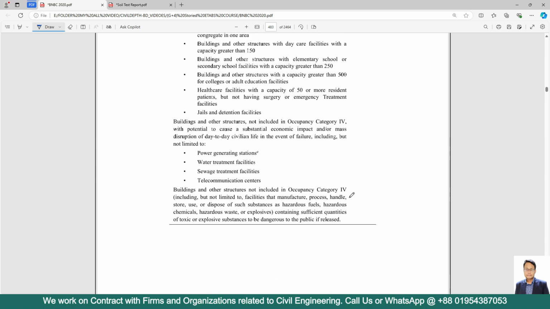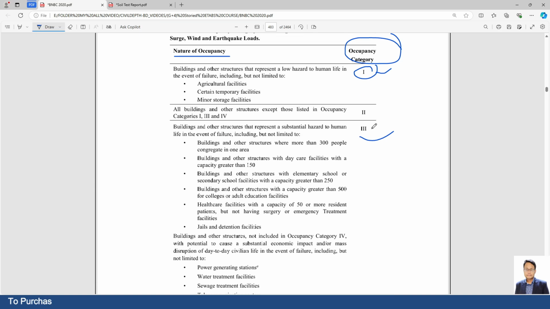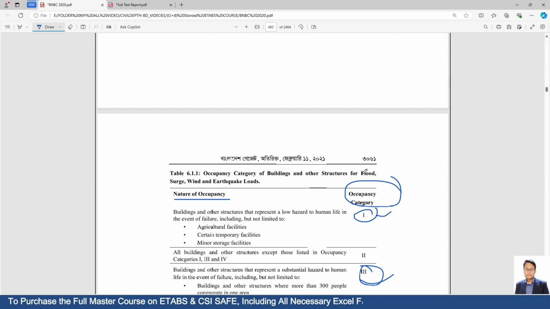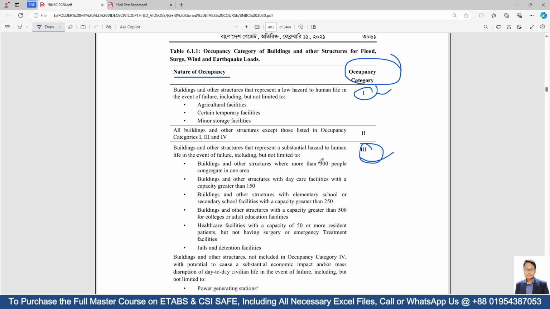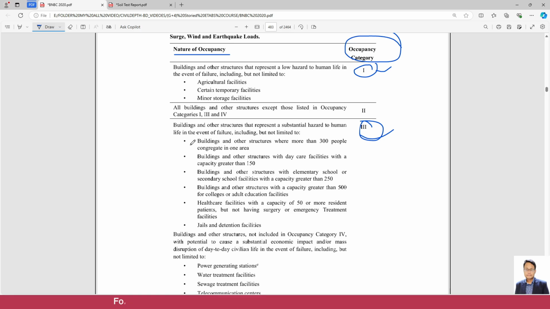If our structure is not in occupancy category 1, 3 or 4, in that case we can say that our structure is in occupancy category 2. For your information, if you are designing a pure residential building, without any hesitation you can consider this structure in occupancy category 2. You can read them.